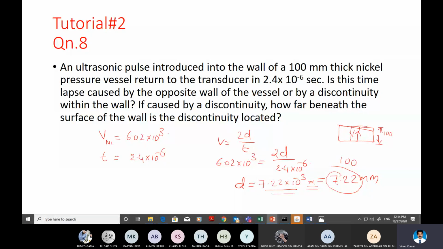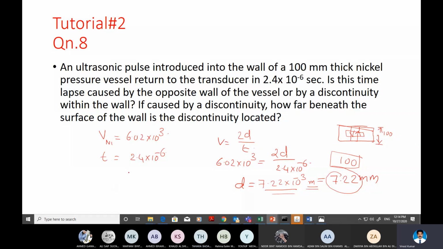But if we get less than 100, like 7.22 millimeter, it means that there is a crack at a height of 7.2 millimeter. Is that clear? So what is the answer here? Is this time lapse caused by opposite wall of the vessel or by a discontinuity within the wall?